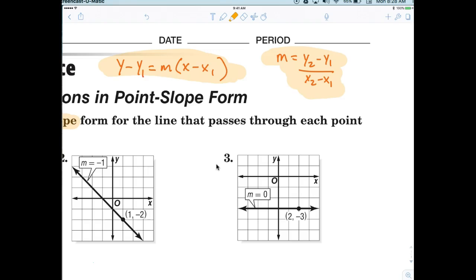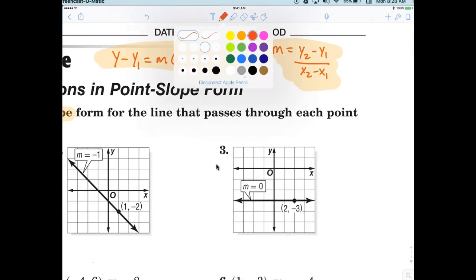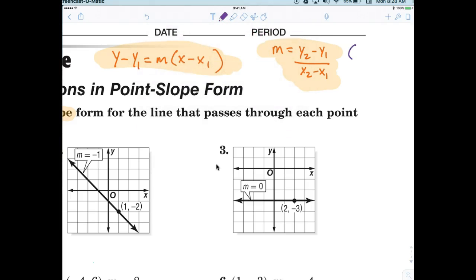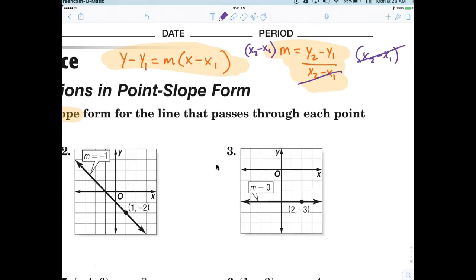But watch. All I'm doing is multiplying both sides of the equation by x2 minus x1. Is everybody with me on that? Now, what happens? These things cancel, right? So we have y2 minus y1 equals m times x2 minus x1. Does everybody agree with that?